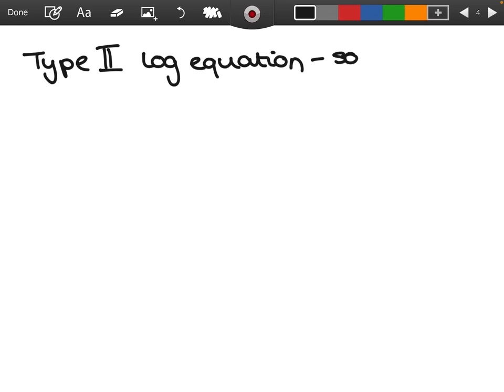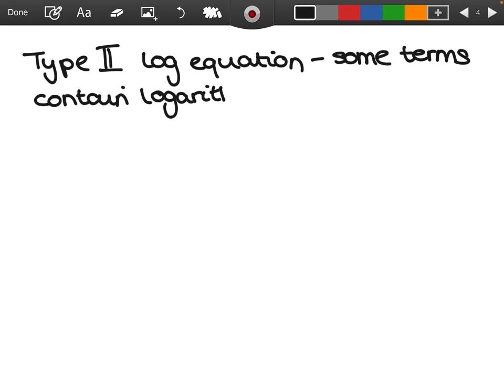But a type 2 log equation means that some terms contain logarithms while others don't. Okay. How do we go ahead and do this?